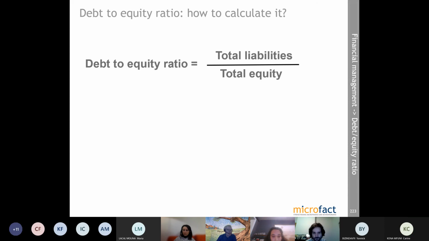In the microfinance sector, you will see that they are very conservative. This is not very high. In the commercial banking sector, at a certain moment, they went too high. They had a lot of liabilities. 1 to 20, 1 to 30 was not exceptional in the banking sector. But in microfinance, on average, it's only 1 to 3, 1 to 2.